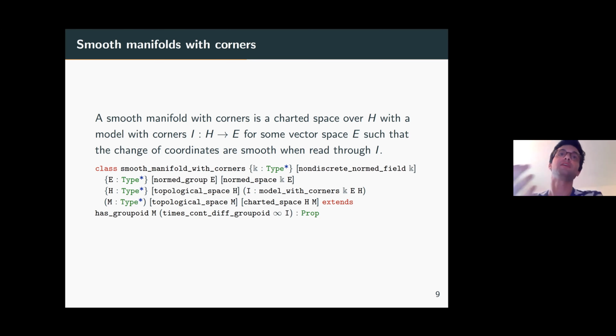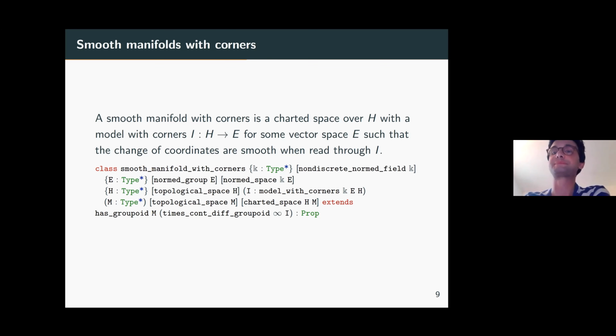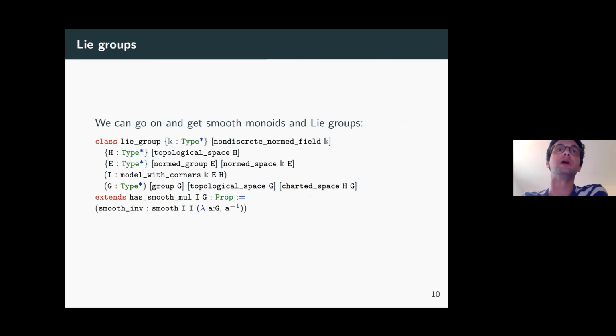The point is that these changes of coordinates are maps that go from our model space to the model space, and then we can pre-compose and compose them with the inverse of the model with corners and with the model with corners, so that we actually get a map from a subset of a vector space to a subset of a vector space, and we can talk about smoothness of this map.